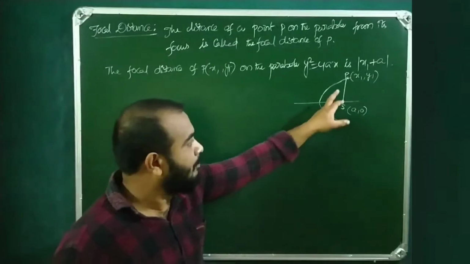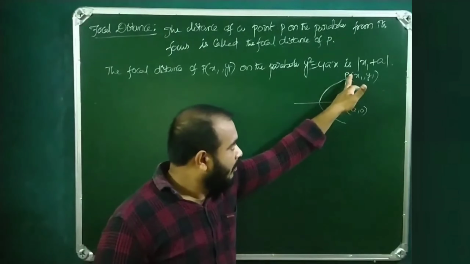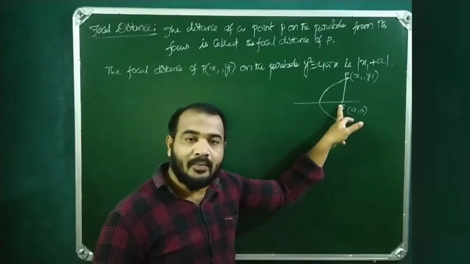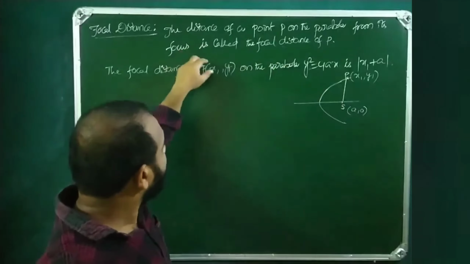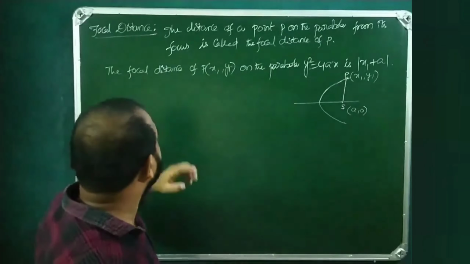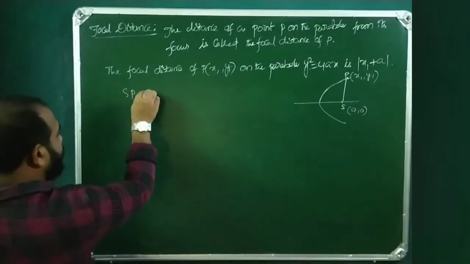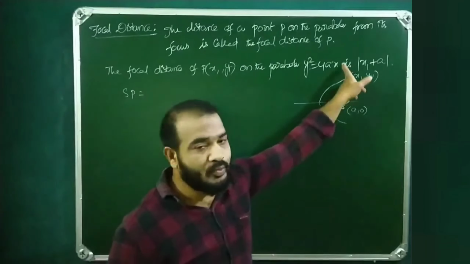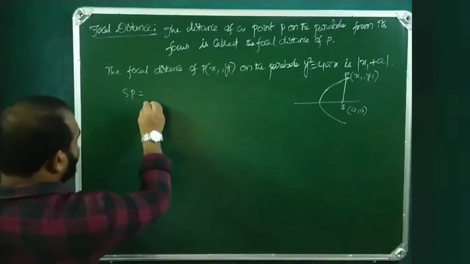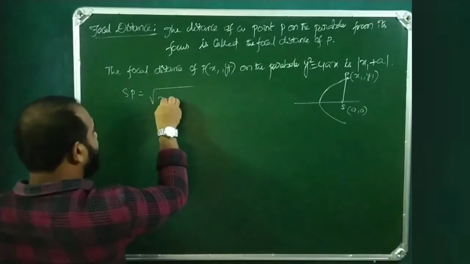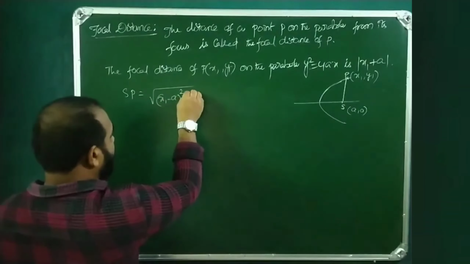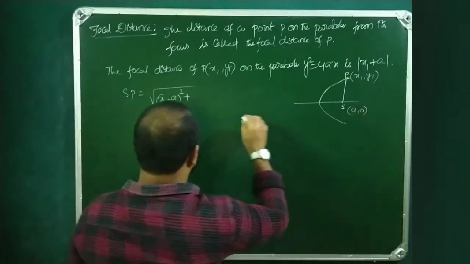The distance of P on the parabola from its fixed point, the focus, is called the focal distance SP. So here SP equals how much? Distance between the 2 points: square root of (x1 minus a) whole square plus (y1 minus 0) whole square.